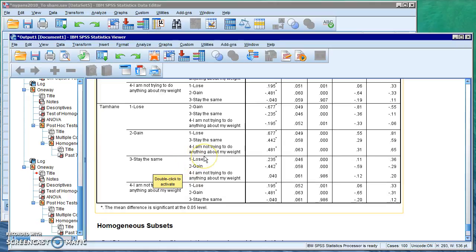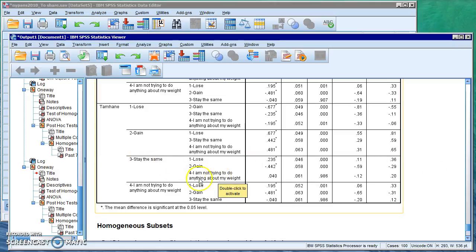Are they different from our people who are trying to lose weight? And again, they are 0.000. And they eat this many more days, and it's not a full day, but you can see that mean difference of how many more days.